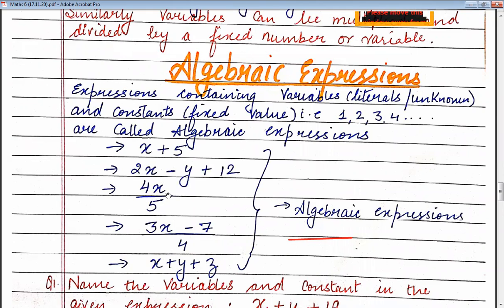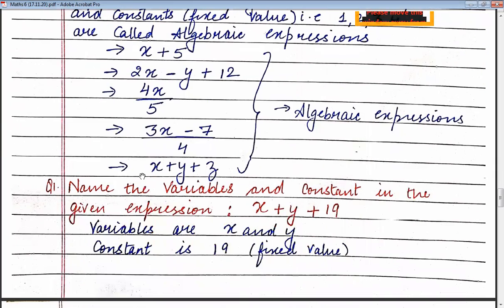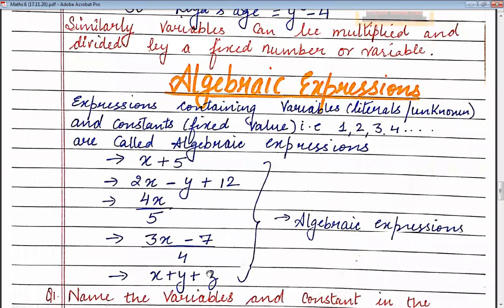Next expression, 4x divided by 5. Next one, 3x minus 7 divided by 4. And last one, x plus y plus z. I guess you can tell me in this expression which one is the variable.